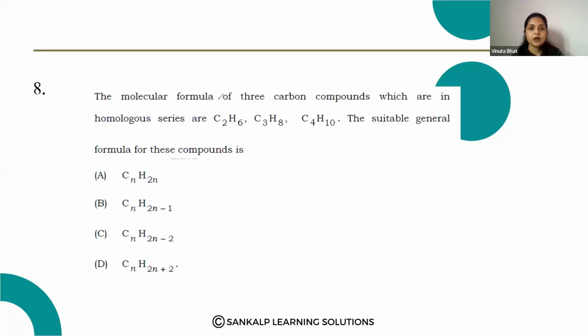The molecular formulas of 3 carbon compounds which are in a homologous series are C2H6, C3H8, C4H10. The suitable general formula for this series is, see here, C2H6, C3H8, C4H10. See the pattern.